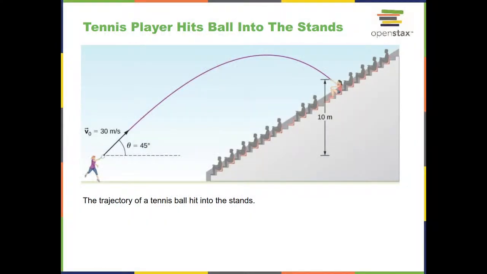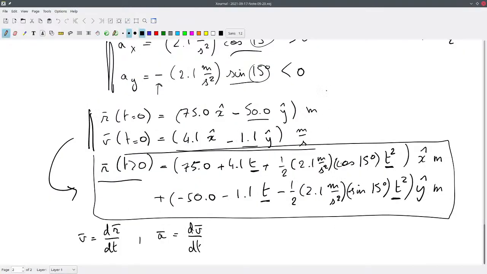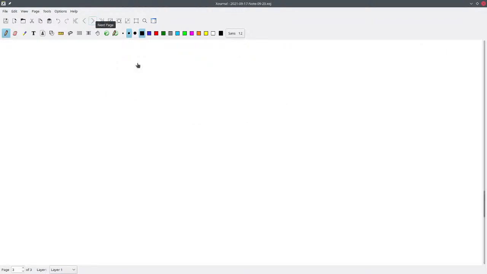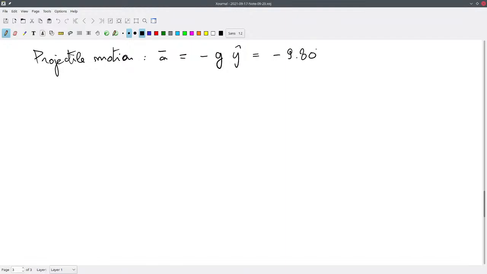So if we go back to our whiteboard here, then for projectile motion, a is always minus g times y, or minus 9.80 meters per second squared times y. So if we wanted to draw this, the acceleration vector is always in the negative direction.